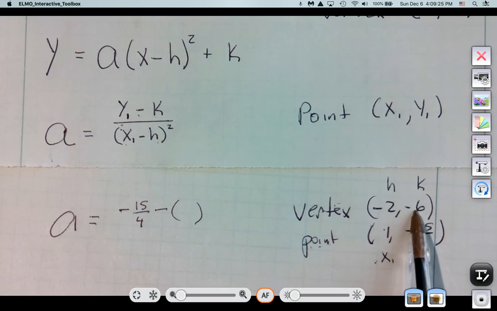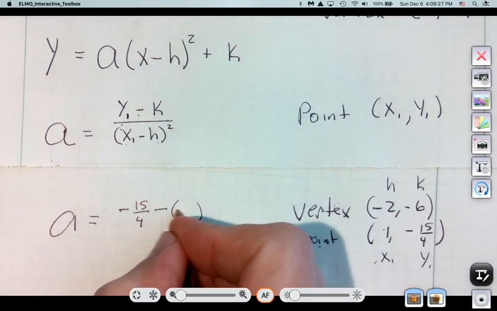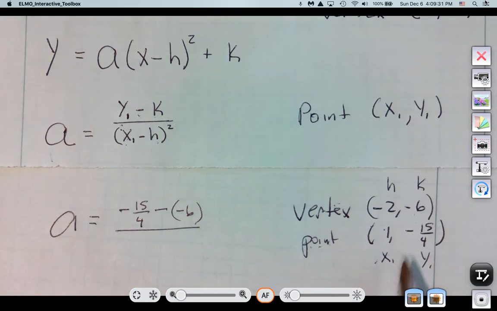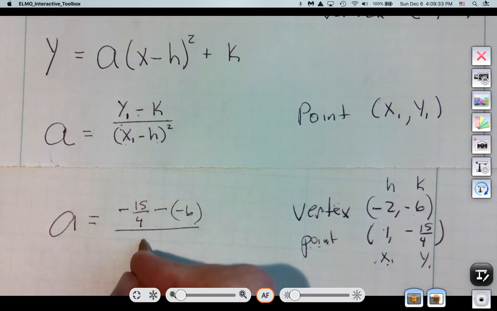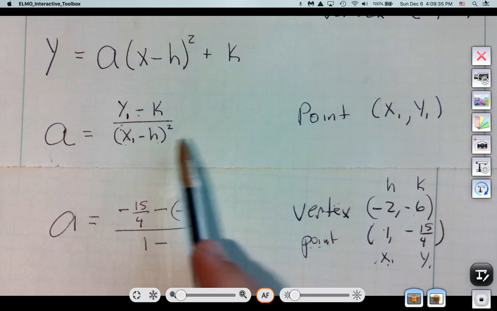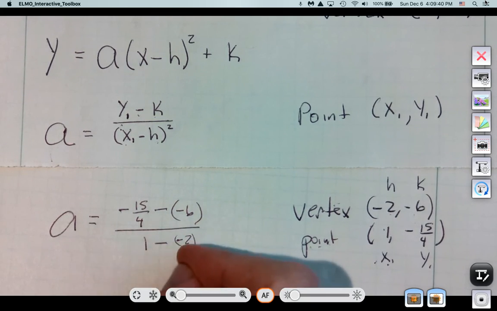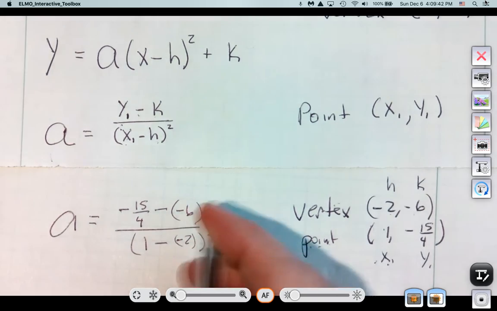My k value now is a negative 6, all over my x value of the point, which is 1, minus my h value, which is negative 2, and that's in parentheses, and I square it.